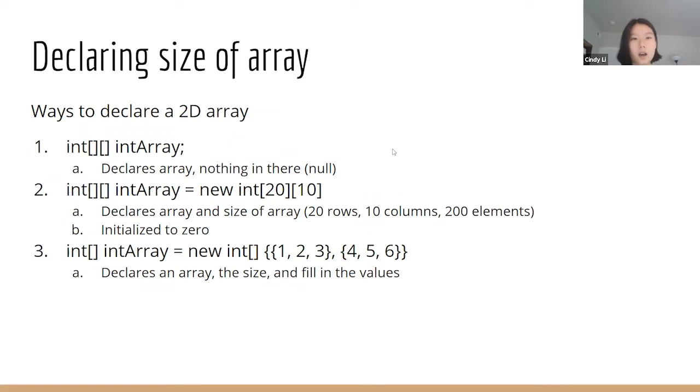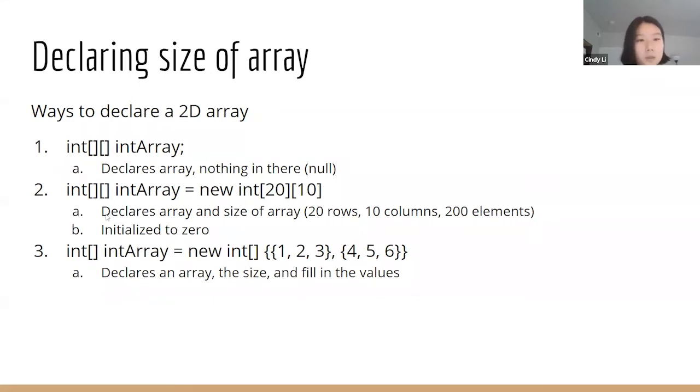Okay. Now it's very similar to the 1D arrays. You just add 2 square brackets, and when you add a new int, you have to declare the size of both row and column. So you would need 2 square brackets and 2 values inside the square brackets.